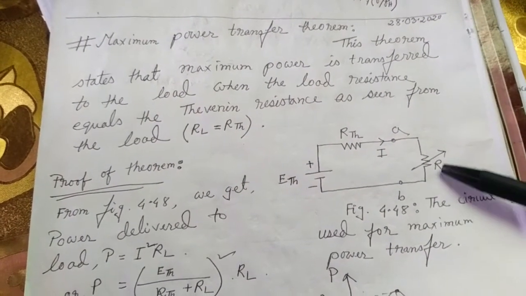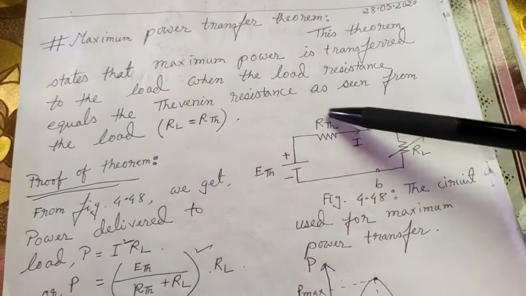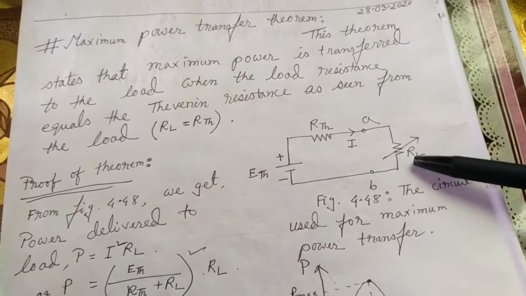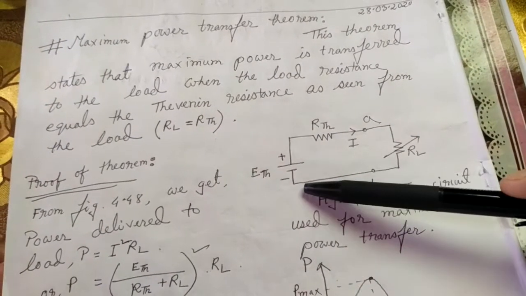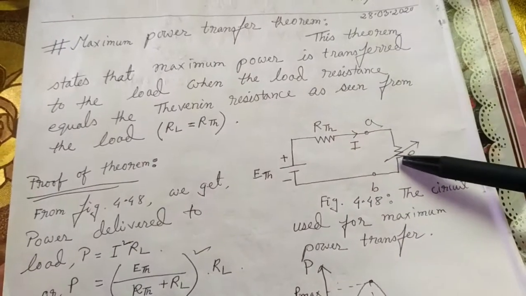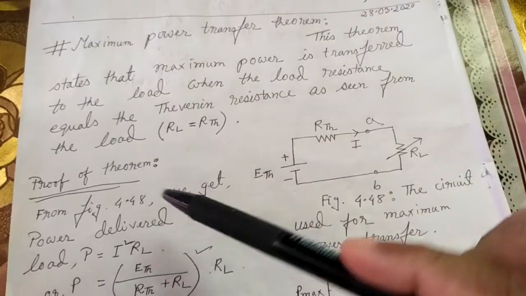That condition is that the load resistance must be equal to the Thevenin resistance. That is, when RL equals R Thevenin, then maximum power can be delivered to the load. That is the theorem. So we'll try to prove it.